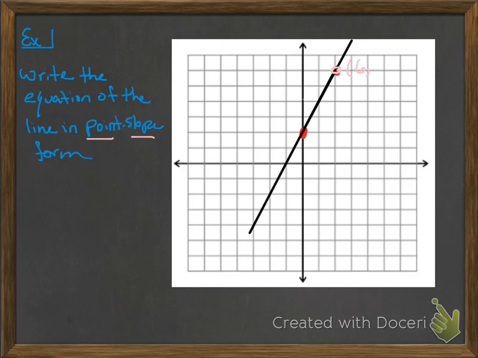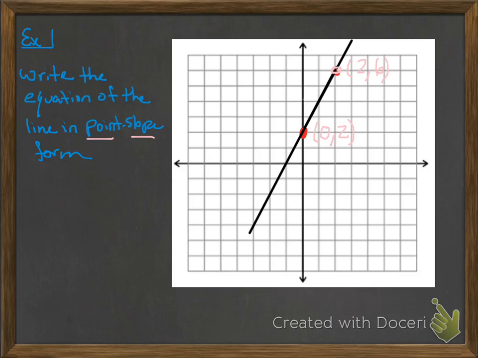So this is 6, comma 2. Or actually, I wrote it backwards, 2, comma 6. And this other point is 0, comma 2.